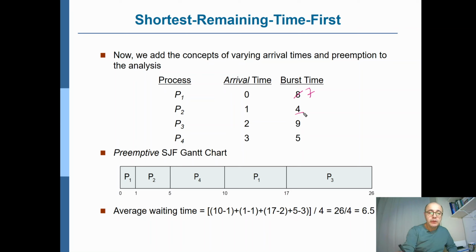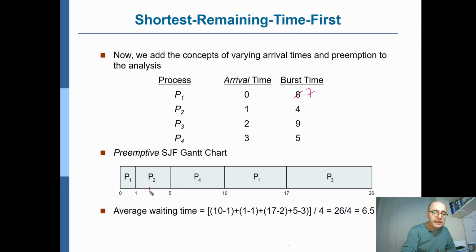Therefore, I would preempt P1. But remember, preempting P1 does not mean trashing all the execution I have done for P1. It has already executed for 1 millisecond. So the remaining 7 milliseconds of P1 are waiting now. P2 goes into the CPU and starts executing.